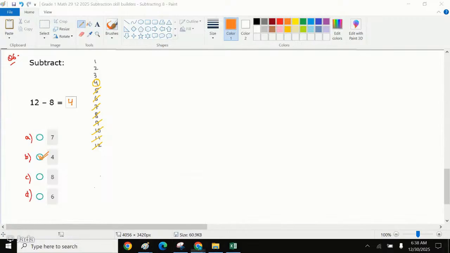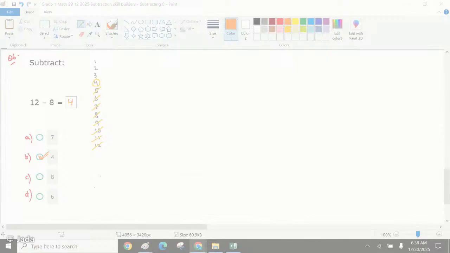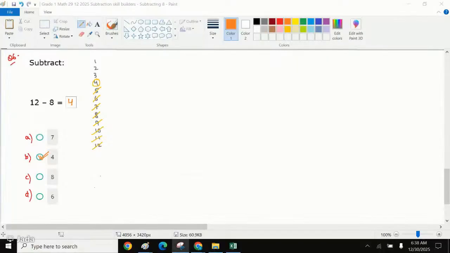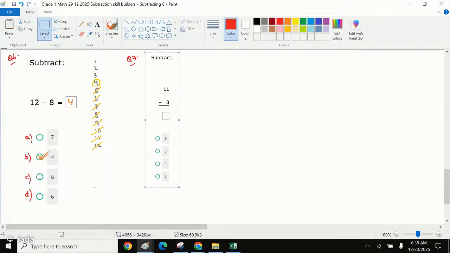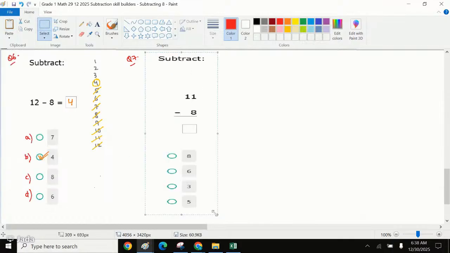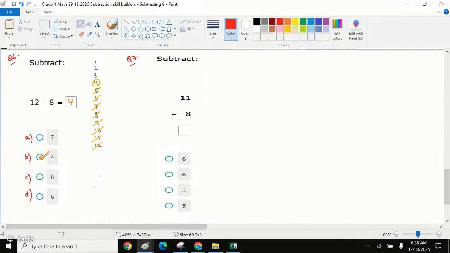Moving on to the next one. The next question says, I'll just copy it. Question number 7 says, subtract 11 minus 8. If we have 11 minus 8, the options given to us are option A is 8, B, C, and D. First we need to find which option is the correct answer.